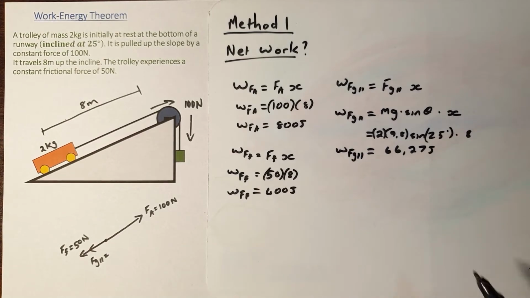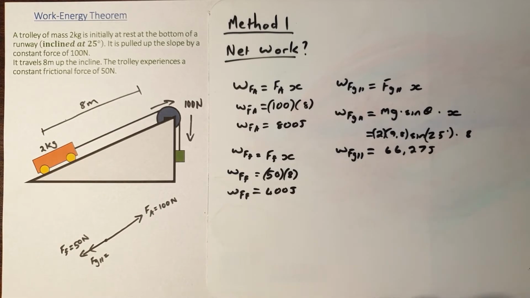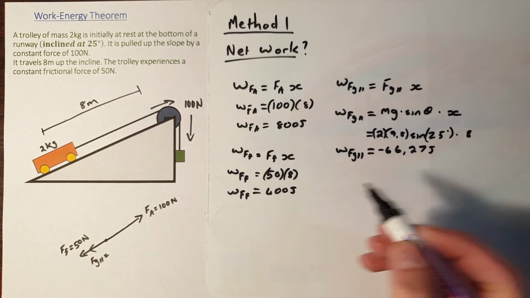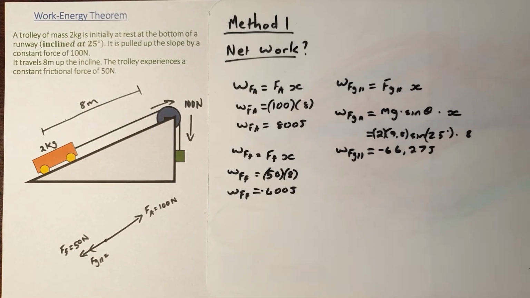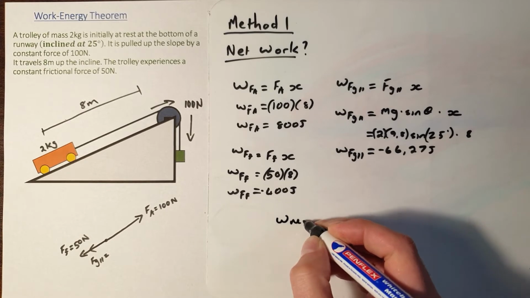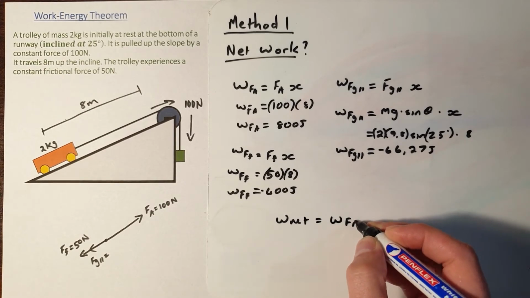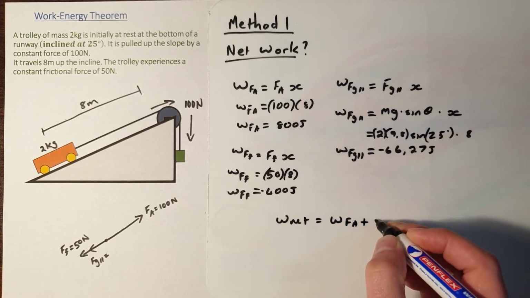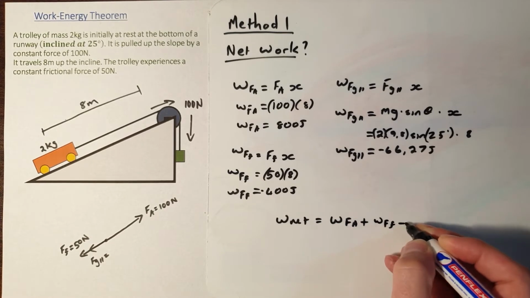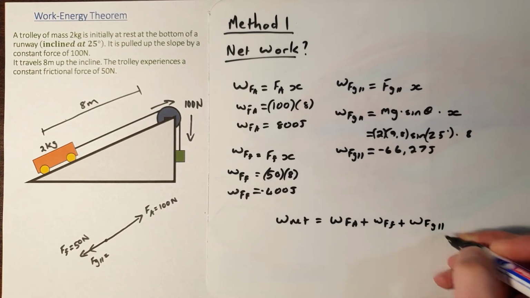Okay, now we can see everything here has been unsigned so far. So we need to apply our signs to this. Obviously, these two are going backwards and that is going forwards. And so we can make those negatives. Therefore, the net work is going to be work due to the force applied plus work due to the frictional force plus work due to the parallel force.